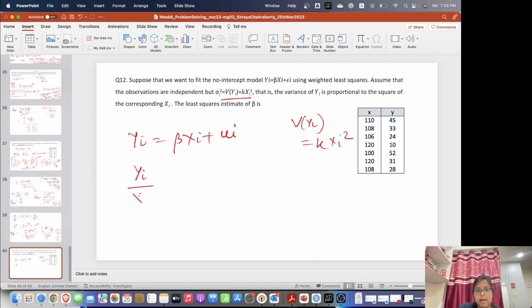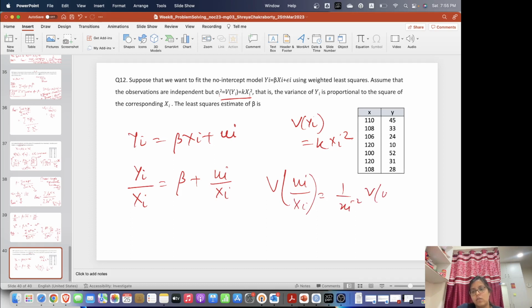Then we have yi by xi equal to beta plus ui by xi. Then variance of ui by xi will be 1 by xi square variance of ui, that is 1 by xi square into k xi square, that is k. Here we have constant variance. So there is nothing to estimate from this.